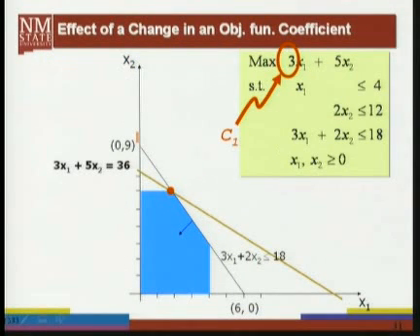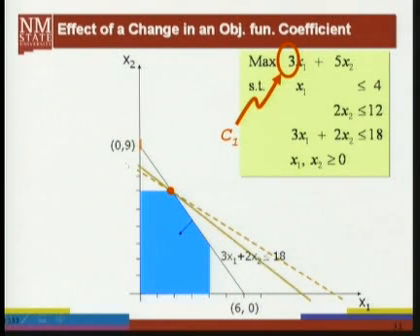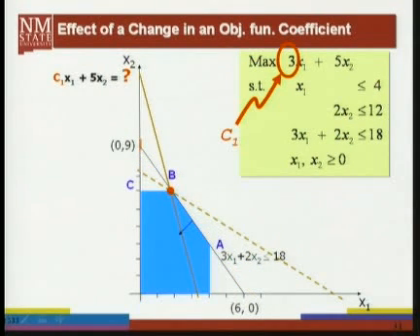Okay, then let's see what happens if a change in C1 causes the isovalue line to be steeper than this plant number 3 constraint. Okay? Just look at this. Now, the slope of the isovalue line is steeper than the one in the plant number 3 constraint, right?